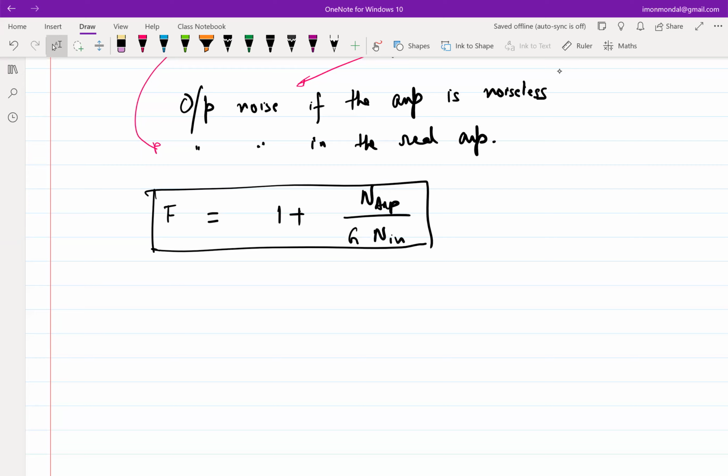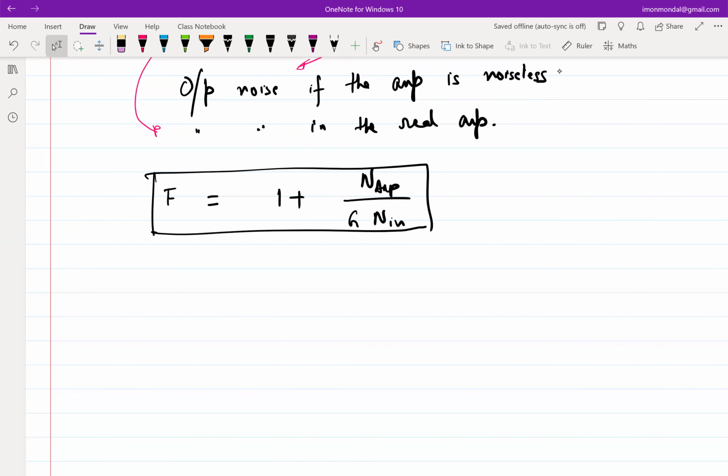Okay. So if noise figure is given to you, how do you figure out what is N amp? It's straightforward from here. So your N amp becomes G times N in times F minus 1. Right?